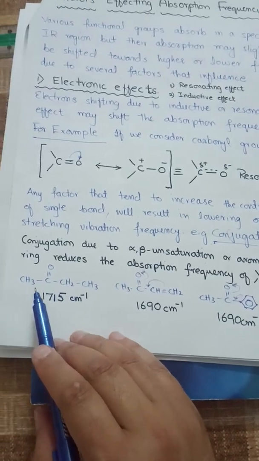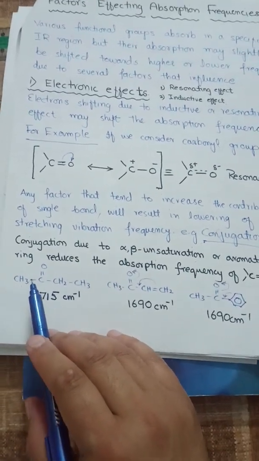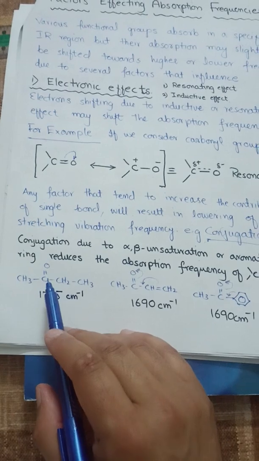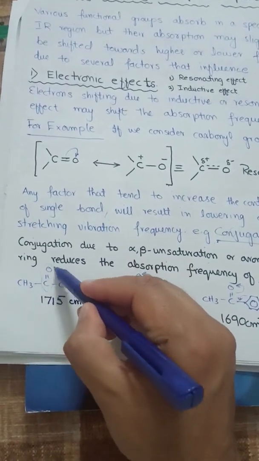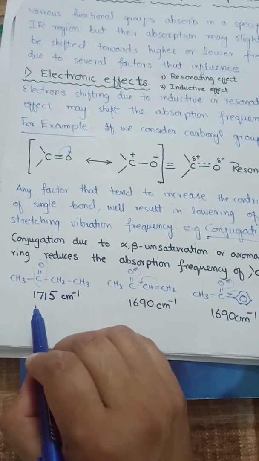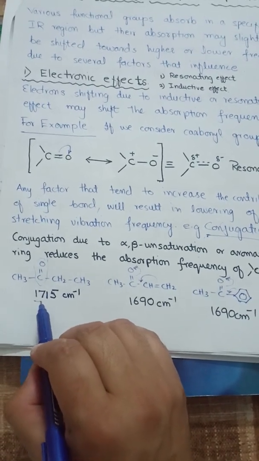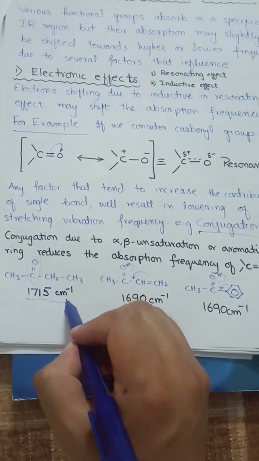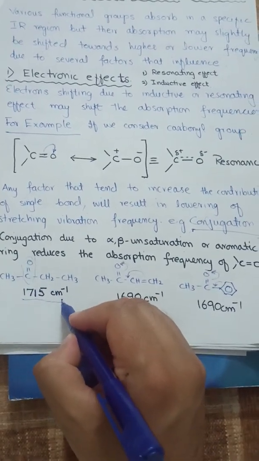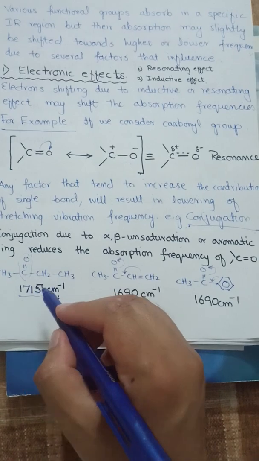Here we are going to take an example. Like here we have only C double bond O. This carbonyl system has a base stretching frequency of 1715 per centimeter, which is the baseline absorption frequency for this bond.